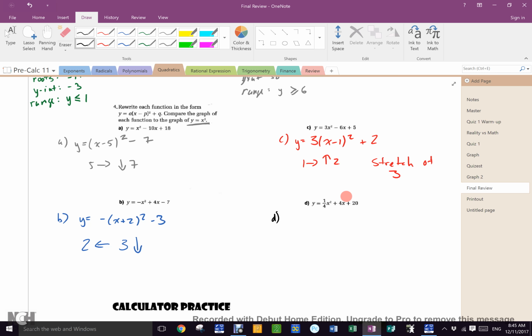What is 4 divided by a quarter? No, that's 4 times a quarter. 4 divided by a quarter. There is 1, yes? It is 16, thank you.